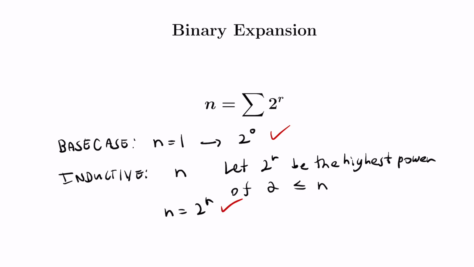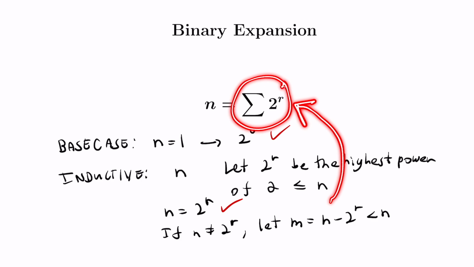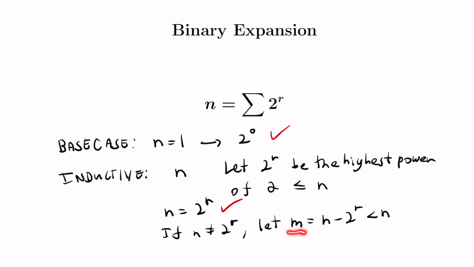Okay, but if n is not equal to 2 to the r, then what we can do is consider the number m, which is n minus 2 to the r, and this is strictly less than n. Now what we know about m is m itself can be written in this form as a sum of powers of 2, because m is smaller than n, and we assumed inductively that the number smaller than n can be written in that form.